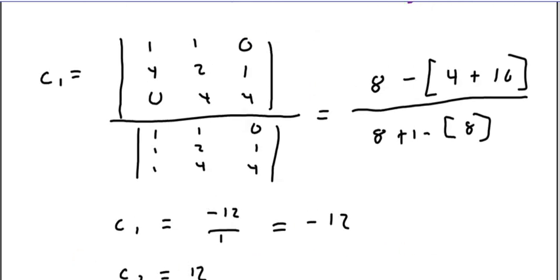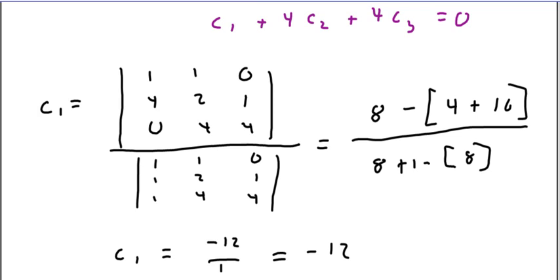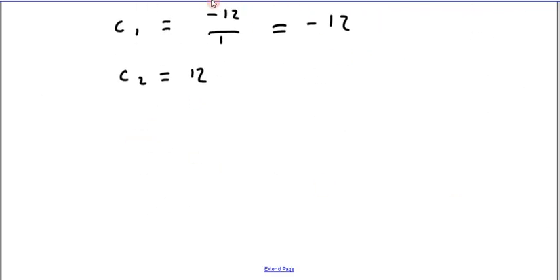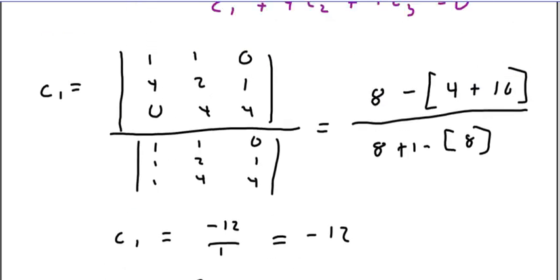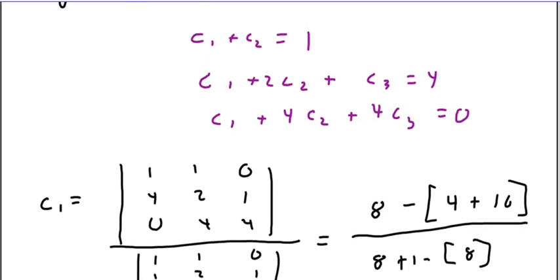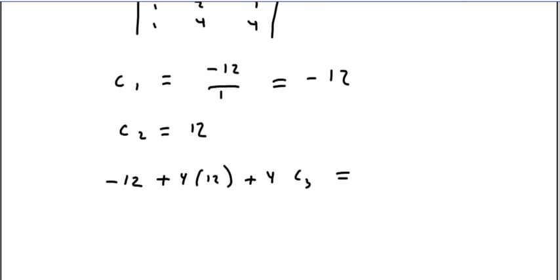I'm looking at the third equation: minus 12 plus 4 times 12 plus 4 times c3 is supposed to be equal to 0. So I have 36 plus 4c3 is 0.